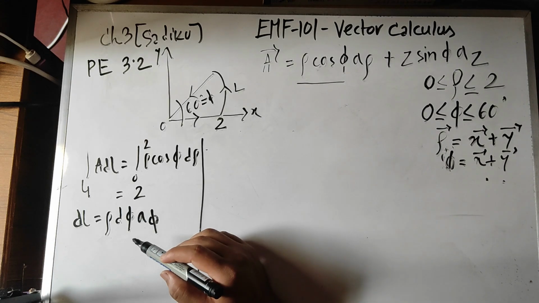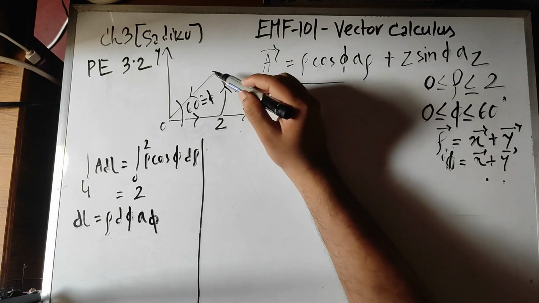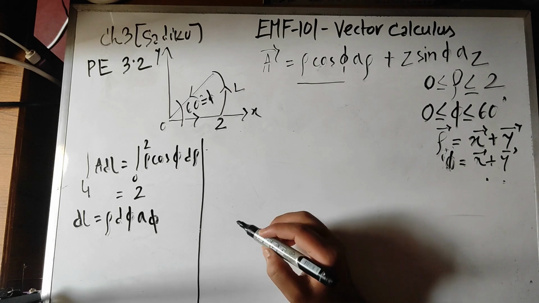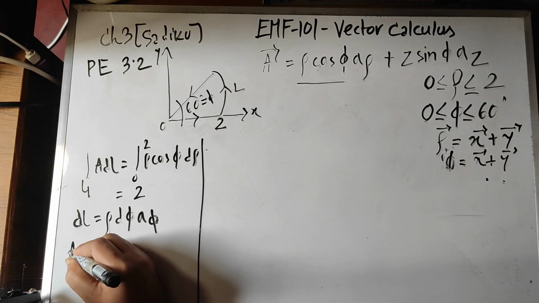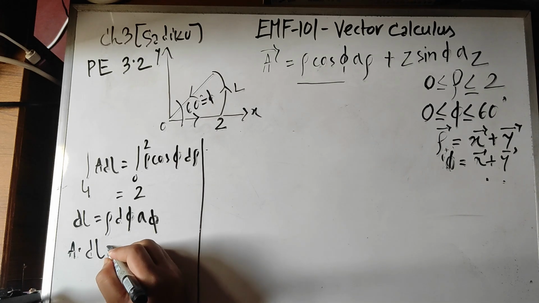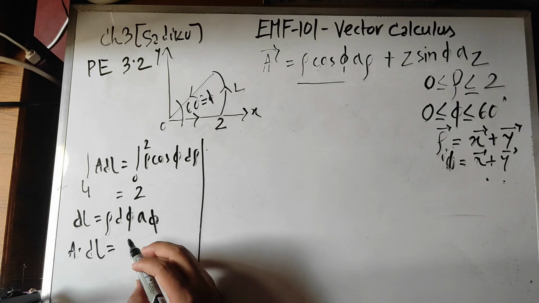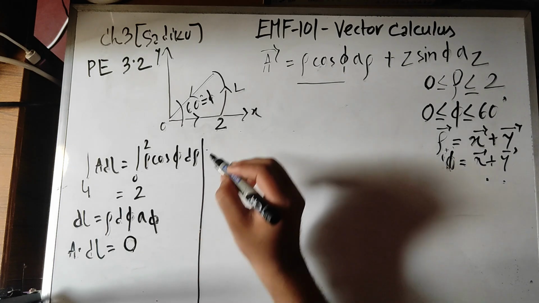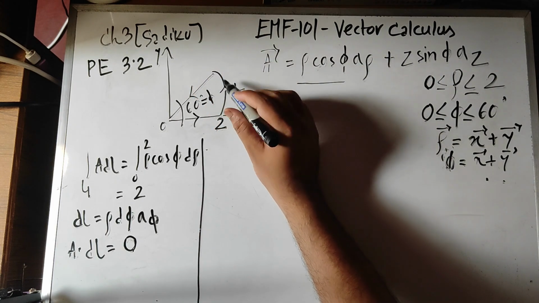Here the differential length is rho d phi a_phi for this arc. If we try to get the value of A·dL, there is no phi component, so A has zero component along this arc, or along this curve.